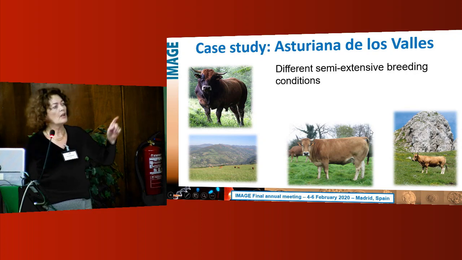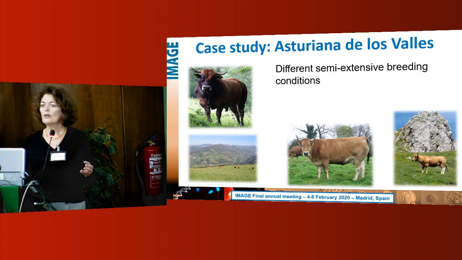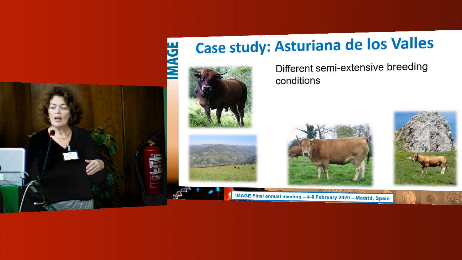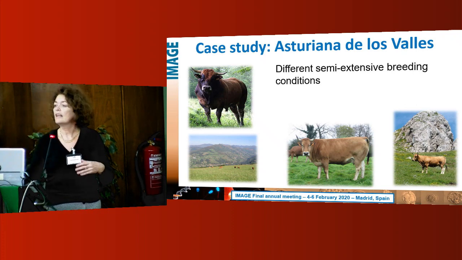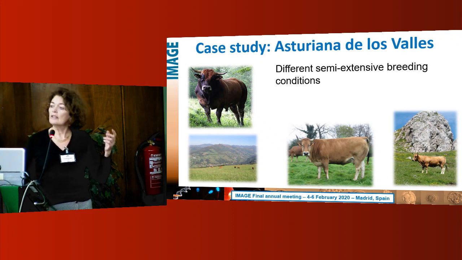Well, I don't have the pointer. On the right, you can see most of the animals are kept indoors during the winter and are left in the hills in a kind of feral way during 4 or 5 months a year. So there they are faced with predators. There are wolves over there.